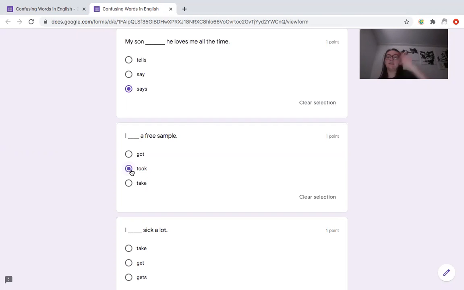So it just means this action happened in the past, this one thing that happened in the past. I took a free sample. But why is it not I got a free sample? Because when you get a free sample, you're taking it from somebody else. Somebody else puts it out there and you take it from them.